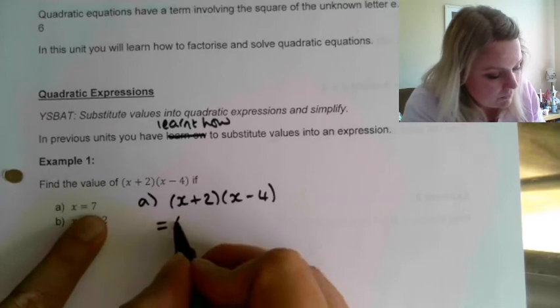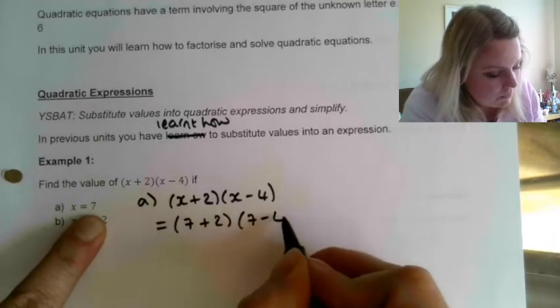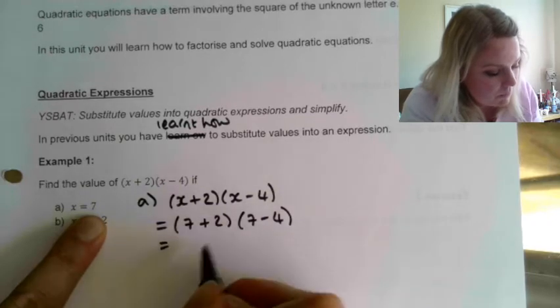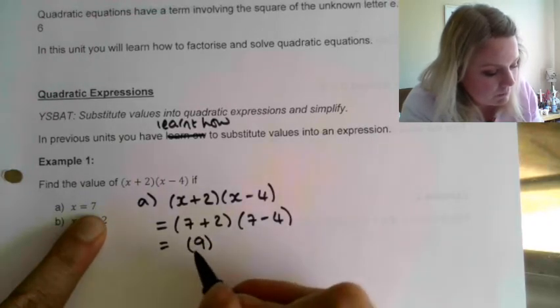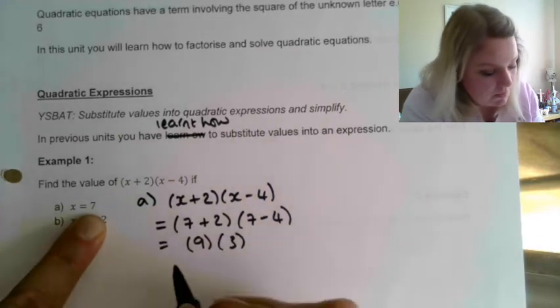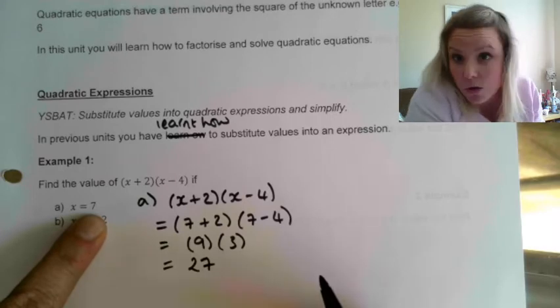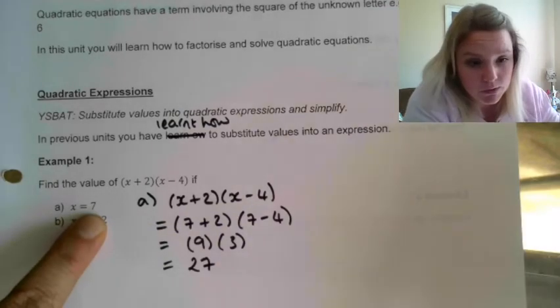So x is 7, so this is 7 plus 2 and 7 minus 4. 7 plus 2 gives me 9. 7 minus 4 gives me 3, and that just means 9 multiplied by 3, and that gets me 27. So that's the answer to that. That's all we're starting off with, nice and straightforward.